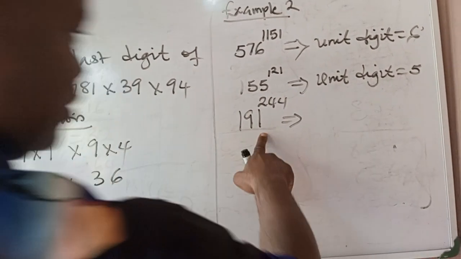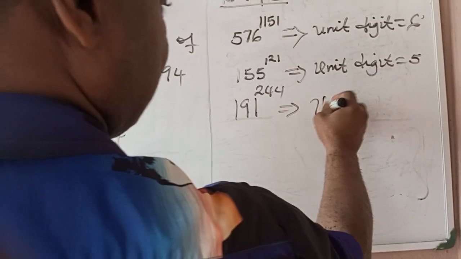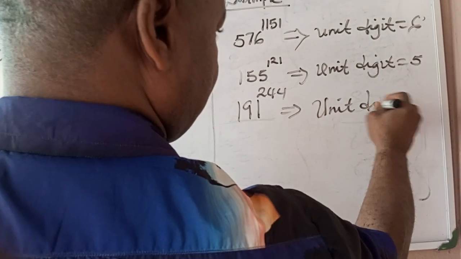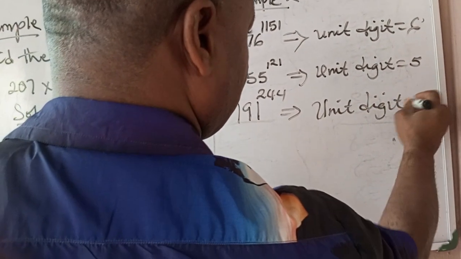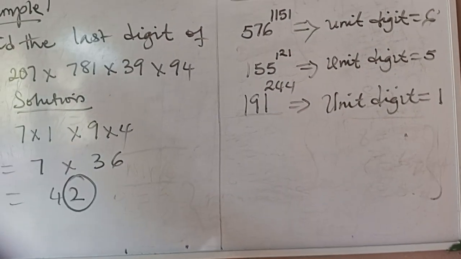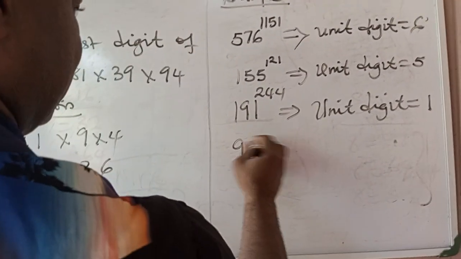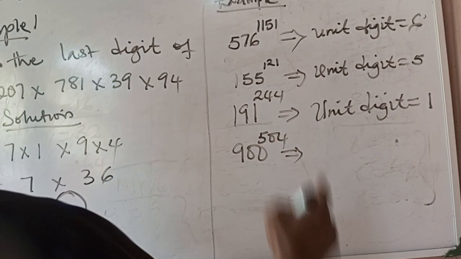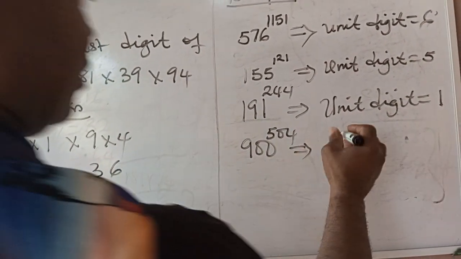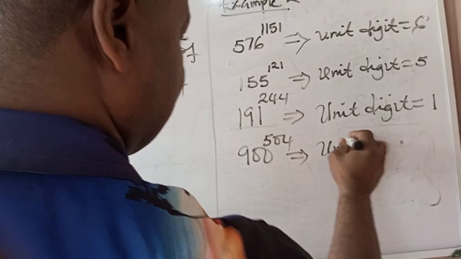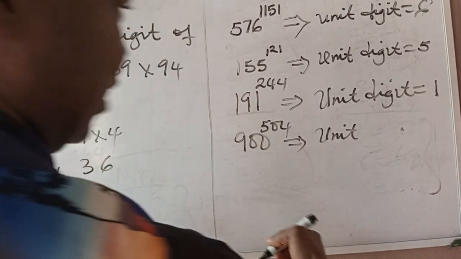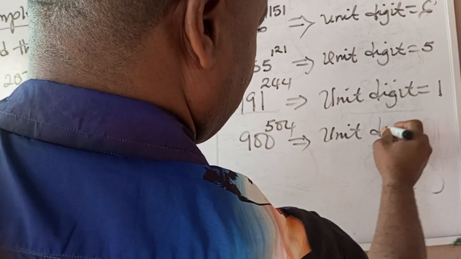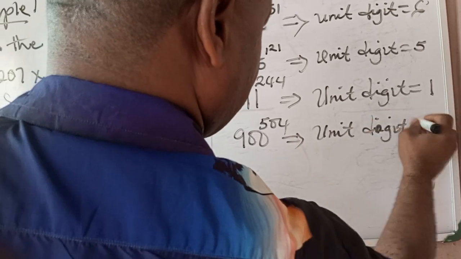In this case, because the last digit here is 1, that means the unit digit will be 1. Let's look at another number, a number like 900 to the power 504. Because the last digit here is 0, it means that the unit digit after simplifying these values is still going to be 0.